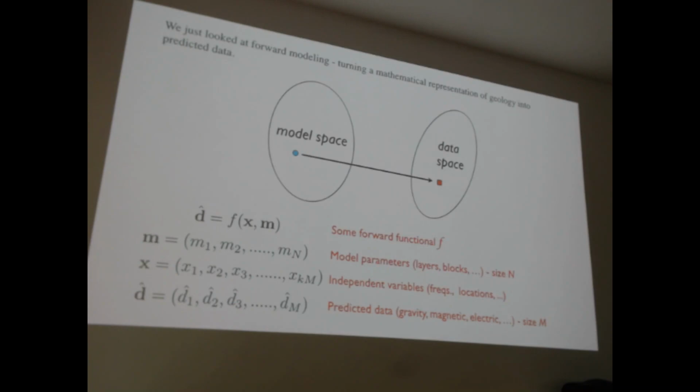Data that somehow may be similar to the data you collect. So you can take some conductivity model, run that forward calculation that I talked about just recently, and predict the data that you actually see over that model.